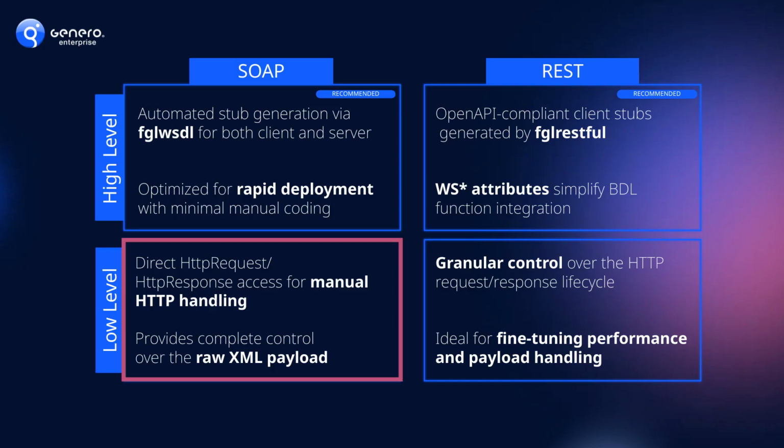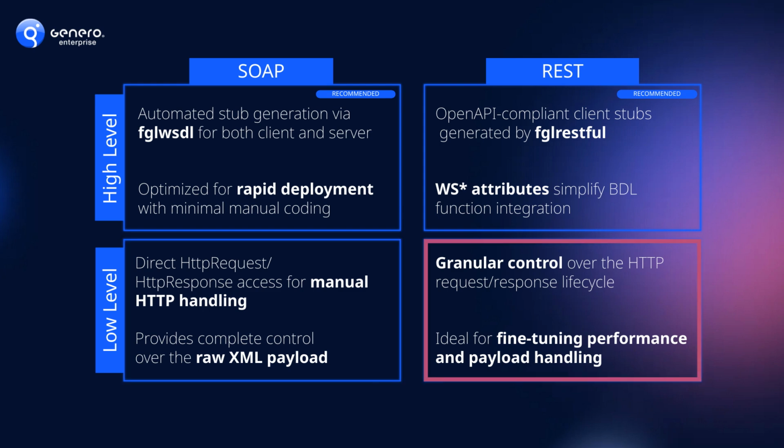When you need more control, the low-level framework gives you direct access via HTTP request and HTTP response, letting you handle the full HTTP layer manually, manipulate the raw XML payload for SOAP, or fine-tune performance and payload handling for REST. So whichever protocol you are using, SOAP or REST, Genero Web Services gives you two paths. We showed you high-level REST because it is faster and easier to integrate, but you can always drop to low-level when the integration demands it.